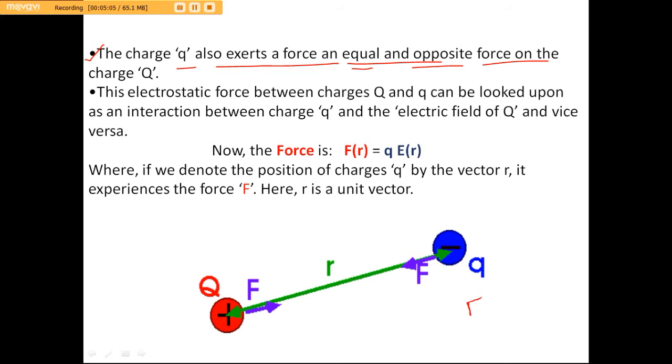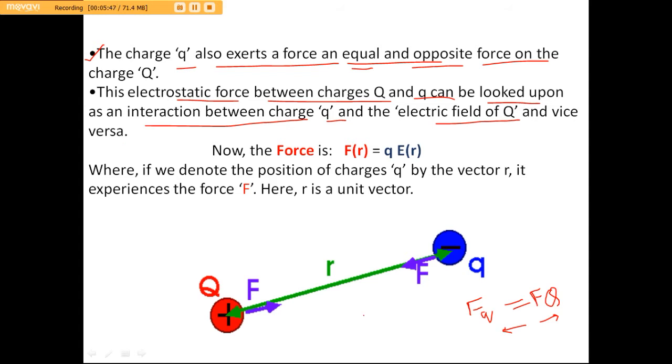That means Fq must be equal to the force F on capital Q, but in the opposite direction. And this electrostatic force between the charges Q and small q can be looked upon as the interaction between the charge q and the electric field of Q, and vice versa.